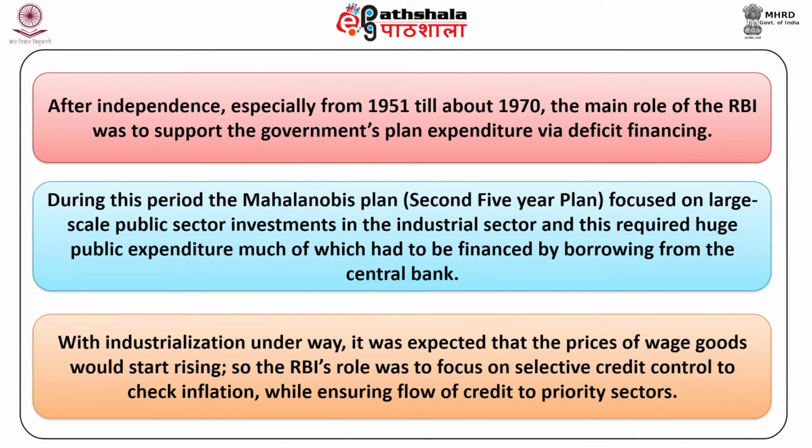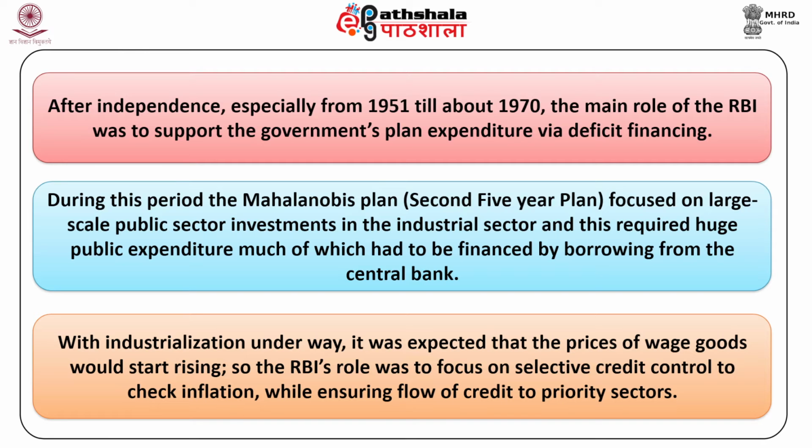The RBI was set up in 1935. For a snapshot of its operations in the pre-independence era, refer to RBI 2013. After independence, especially from 1951 till about 1970, the main role of the RBI was to support the government's planned expenditure via deficit financing.